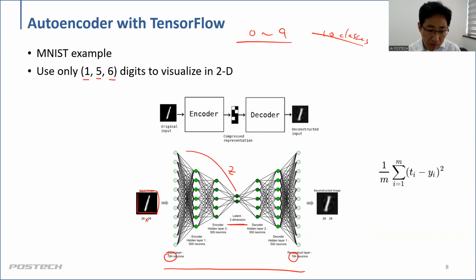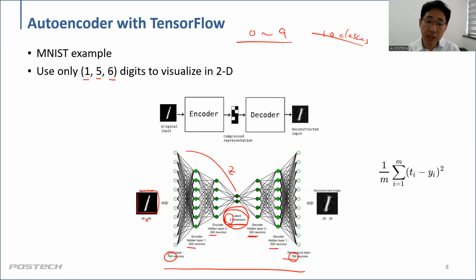And here we have 500 and 300, down to 2, and then it's recovered back to the original space. The only reason I decided to have 2 neurons, or 2 dimensions, in the latent space is that once we're done with the training, I want to visualize the latent space in 2-dimensional space. That's the only reason.